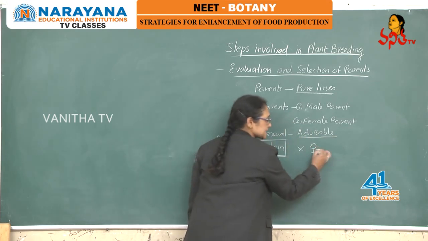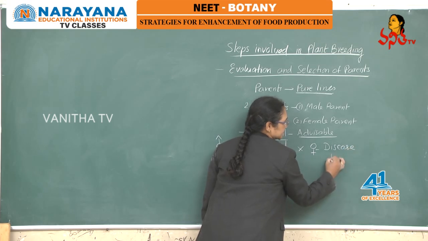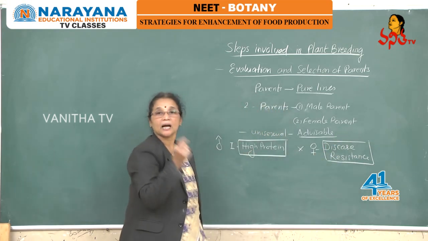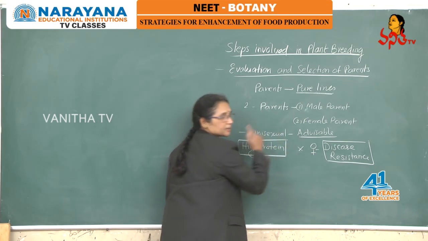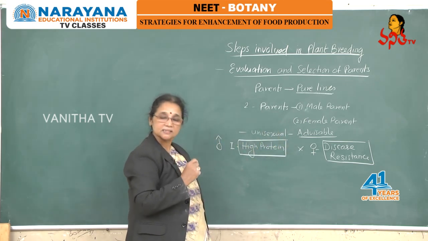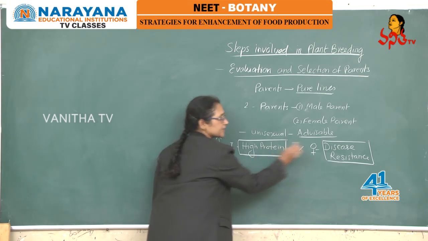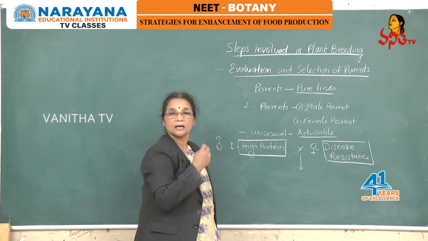Let's think it has a desirable property, that is disease resistance. So one parent with high protein content is selected as male parent, and the other parent, which has disease resistance, is selected as female parent. Now we want both of these characters in a single plant, which we call a hybrid.